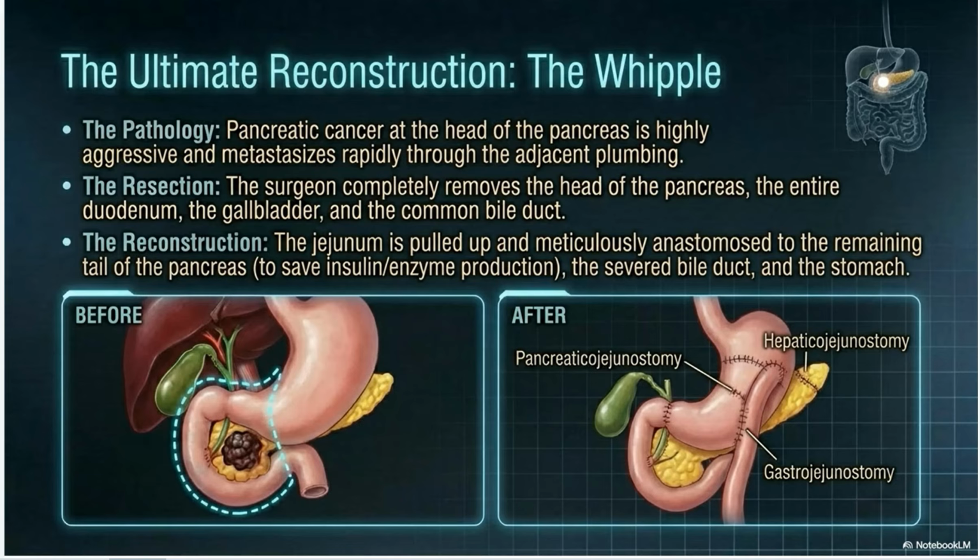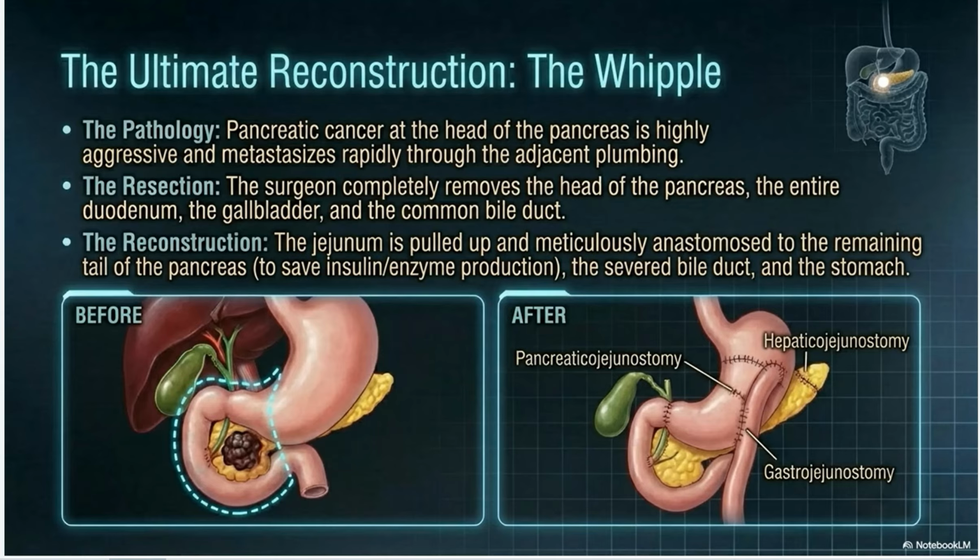Once these structures are removed, the digestive tract must be reconstructed so that food and digestive enzymes can still travel through the body. The reconstruction phase of the surgery is extremely complex and involves several anastomoses, or surgical connections between organs.